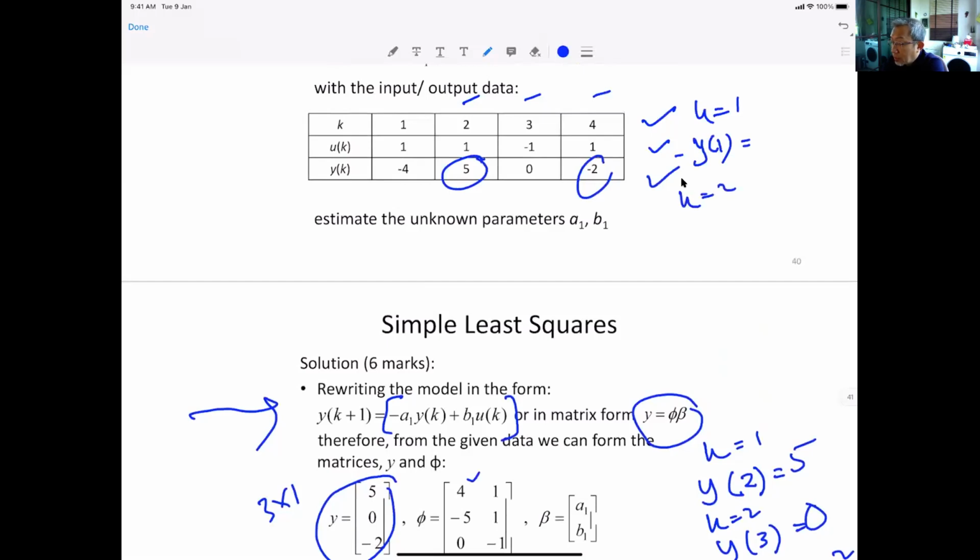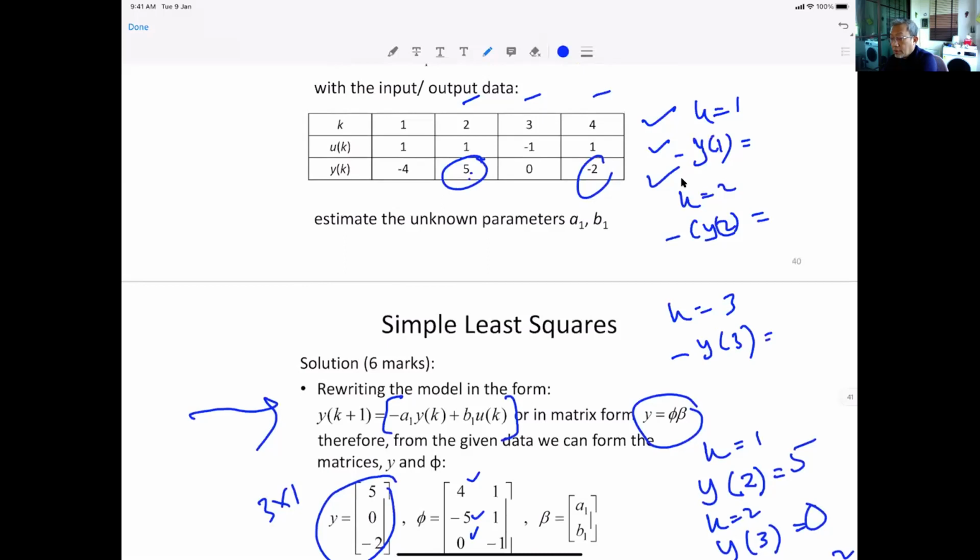Then k equal to 2 is y2, which is here, minus positive 5, minus 5. Then k equal to 3, minus y3, so minus 0 is 0.